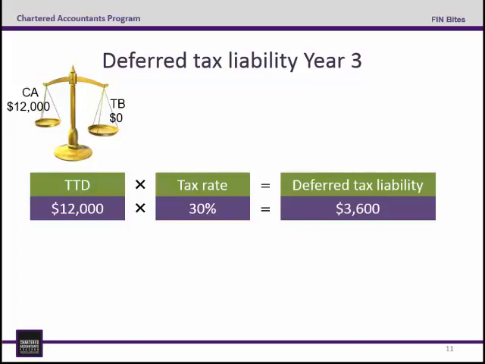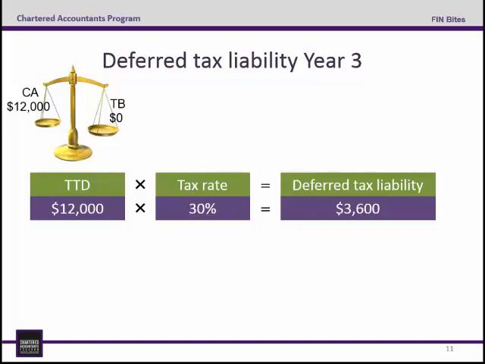So its carrying value for accounting purposes is $12,000. But remember, the tax base is $0 because at the end of the third year, we've claimed all $21,000 in tax depreciation deductions, because remember it was $7,000 per annum. So we've got a deferred tax liability of $3,600.